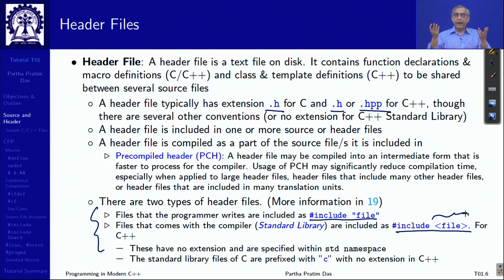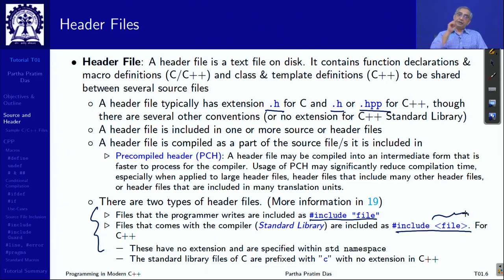You will wonder why these 2 differences. Very simple. What the preprocessor does is, based on the type of quoting, whether it is double quote or corner bracket, it knows the location in your system where it will look for that header file. You have not given the entire directory path. You are just saying complex.h, or you are just saying iostream. How does the system know where that header file exists?